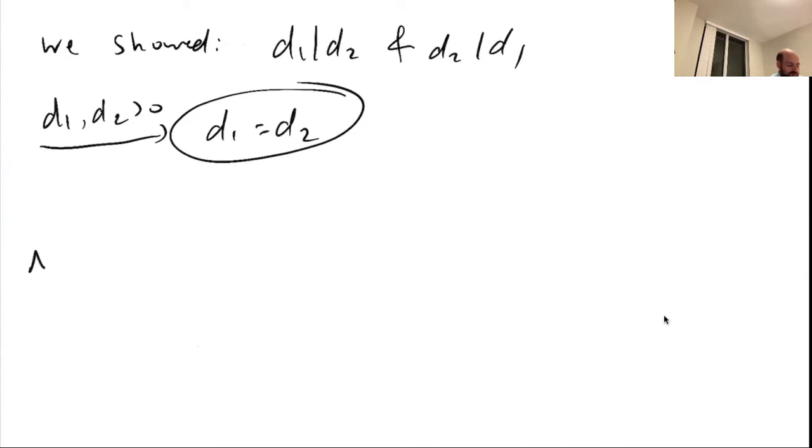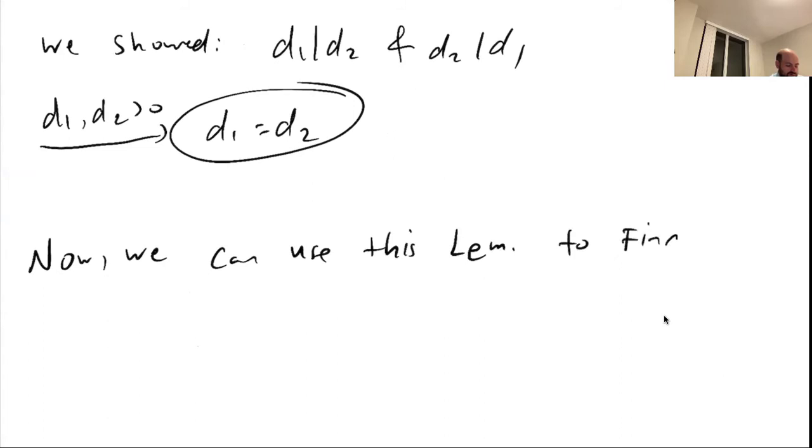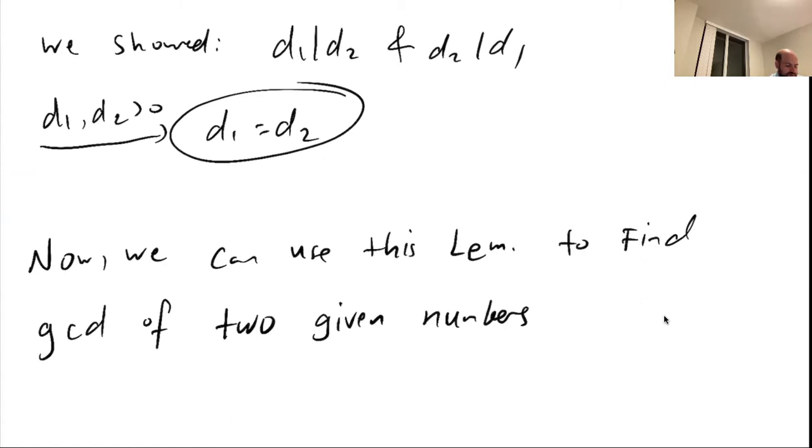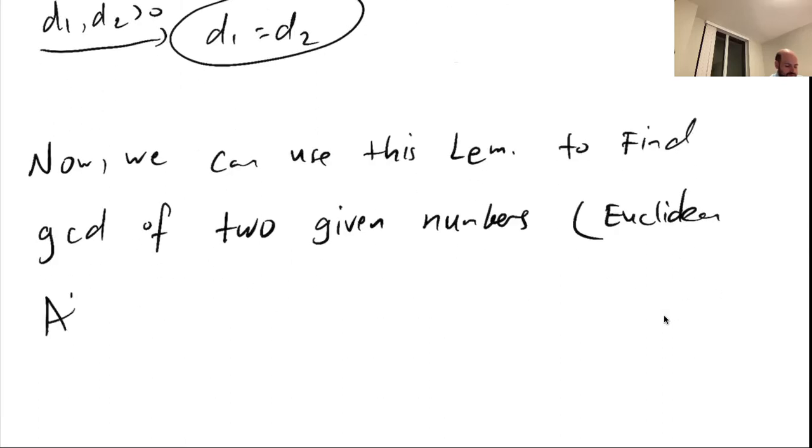Okay, now we can use this lemma to find the GCD of two given numbers, which, as I said, is called the Euclidean algorithm.